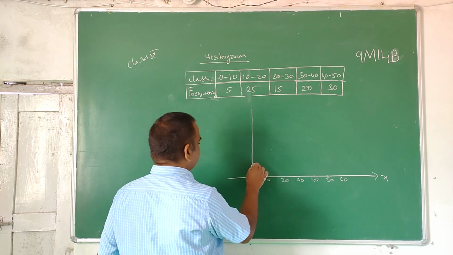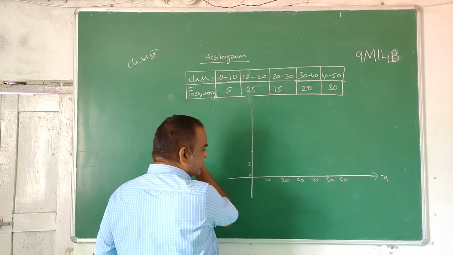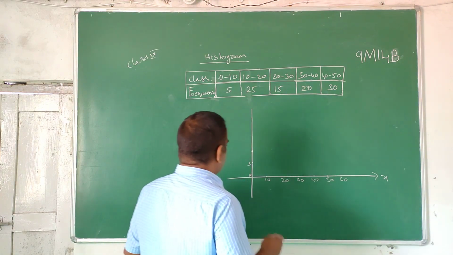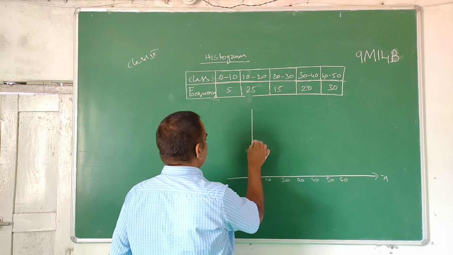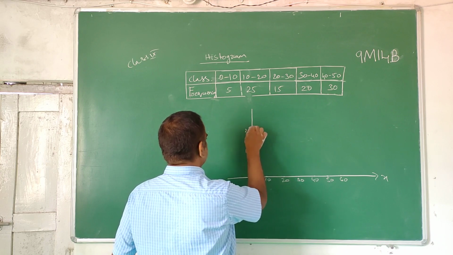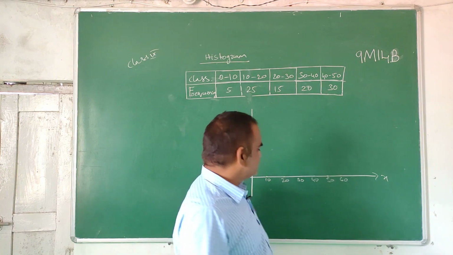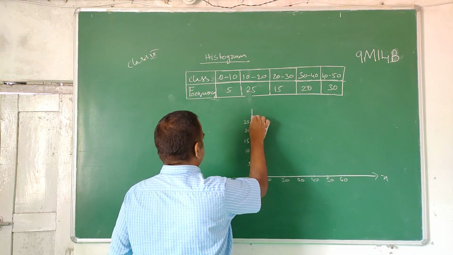Now here we take frequencies. On the x-axis I took the scale as 1 centimeter is equal to 10 units, and on the y-axis I am taking the scale as 1 centimeter is equal to 5 units. The scale you can choose on your own. There is no restriction that everyone should follow the same scale.